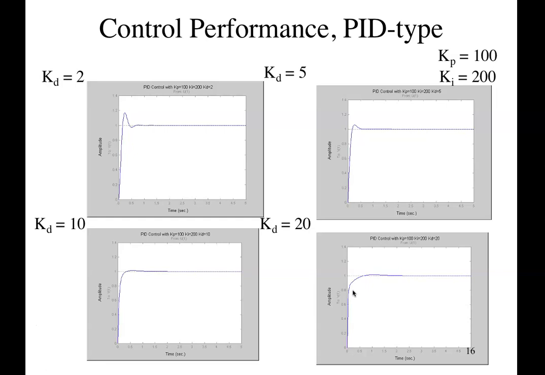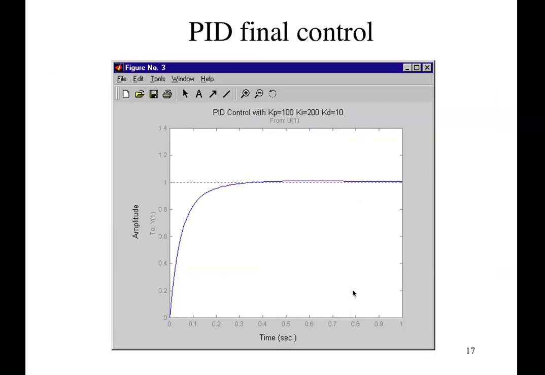So here we have three different terms. And again, I need to emphasize, you don't have to use all three terms at the same time. Sometimes you may, sometimes you may not, depending on what your system is and what your control requirements are. Okay, so that's the controller, just as an introduction.